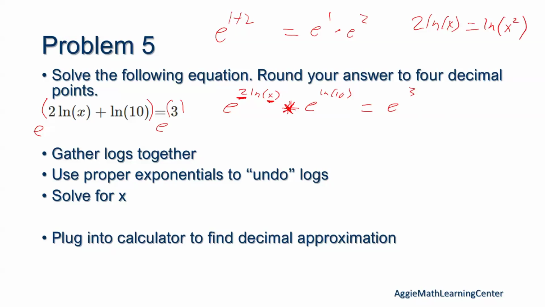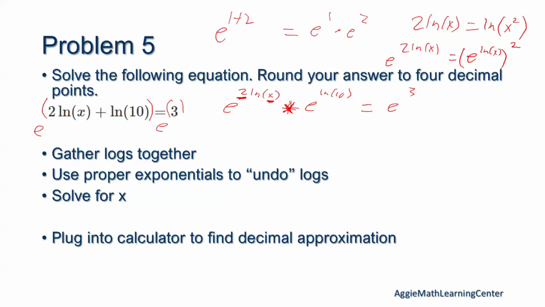Or another way you could think about this is, if this is in the exponents here, you have e to the 2 ln x. If a number in the exponent is raised to the same thing, then you could say this is e to the ln x, all raised to the 2nd power.